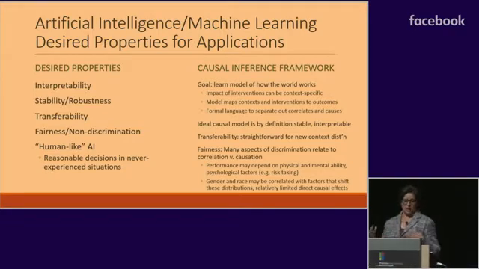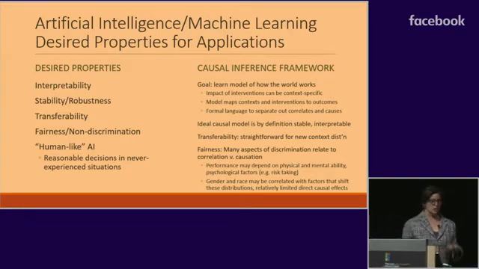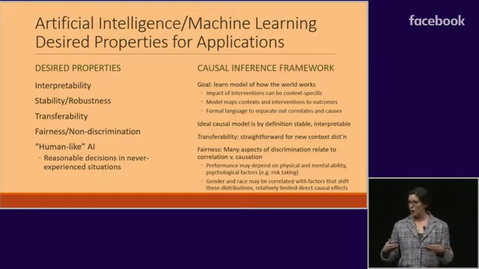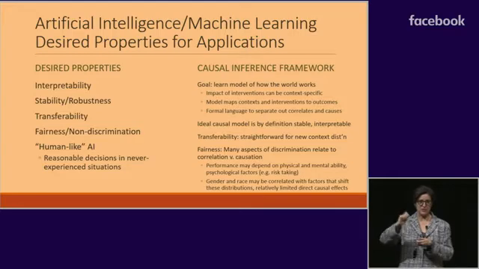So the ideal causal model is by definition both stable and interpretable, because it's a model. And so when we write down a causal model, we are giving it an interpretation. When I say, here's a drug, I want to estimate the effect of the drug, that's interpretable. It's a well-defined mathematical object.